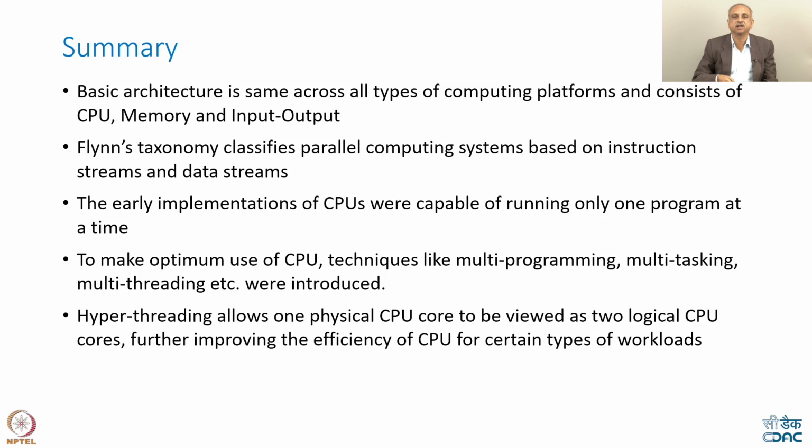Hyperthreading was another step forward, where one physical CPU is allowed to be viewed as 2 logical CPUs. However, the execution unit was single, but 2 threads which were active in the memory were repeatedly switched in a hyperthreading mode to further improve the efficiency of the CPU for certain types of workloads.